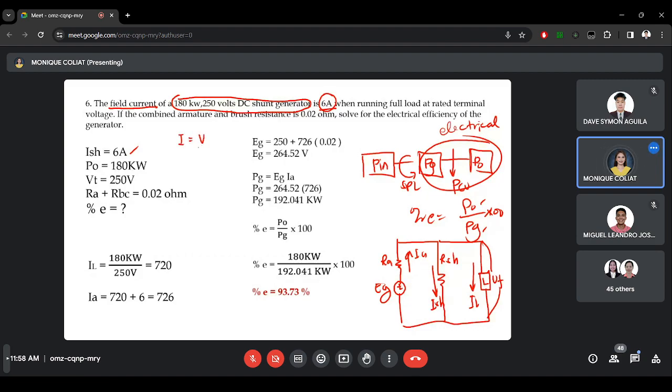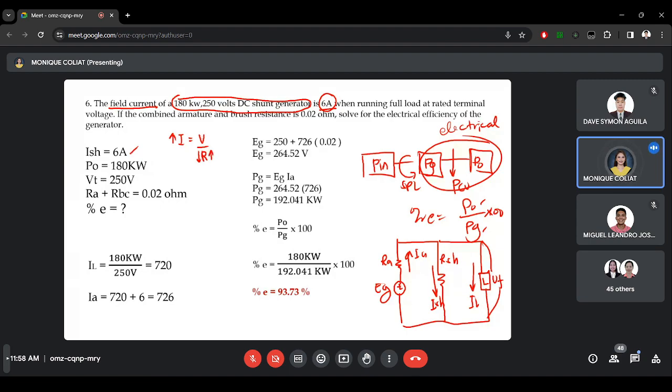Given, paano po natin malalaman ang rating ng generator? So we have 180 kilowatts, which is your output power. We have 250 volts, which is your terminal voltage. Sabi meron daw combined armature and brush resistance, which is 0.02 ohm.